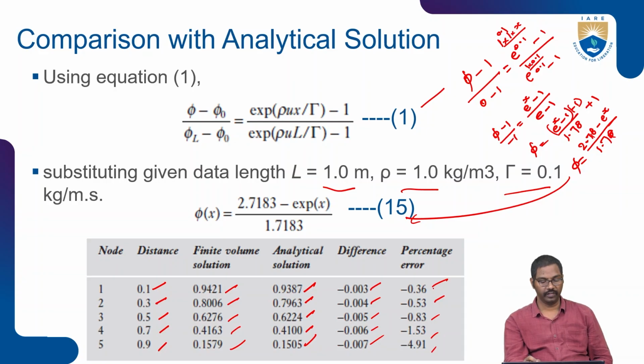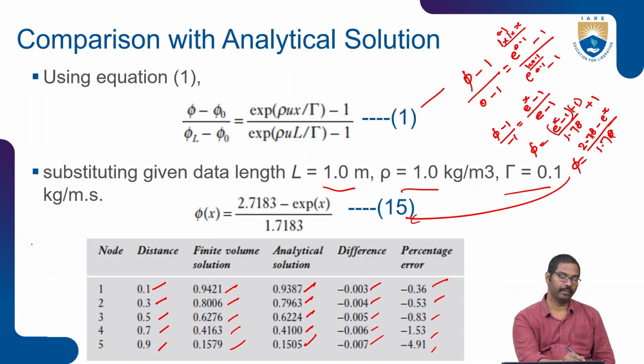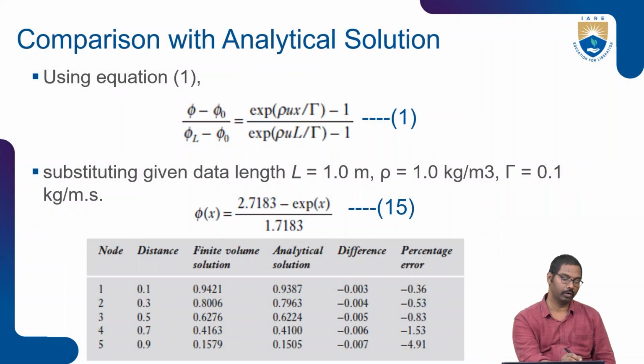As the distance increases from 0.1, the error is also changing. This is how the finite volume methods are used, and we have to compare the results with the analytical solutions. We can do this for further cases, u equal to 2.5, and different cases.